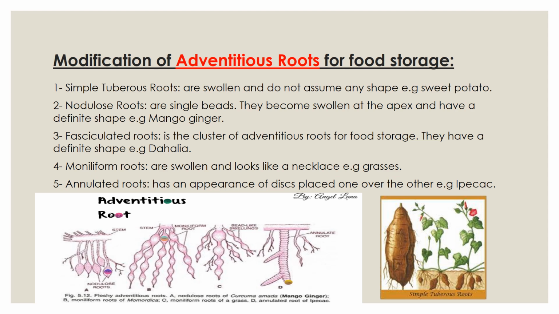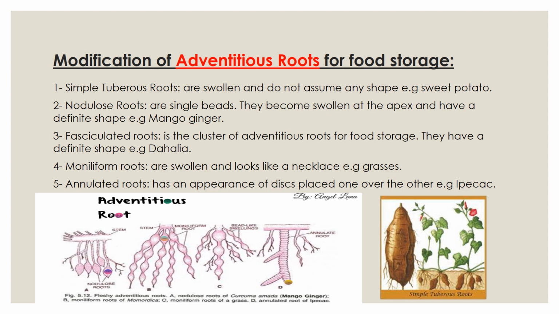Okay, number 3, fasciculated roots. I'm sorry, the fasciculated roots are in the next picture I will show you. Okay, let us describe it now, but I will show you the next picture.